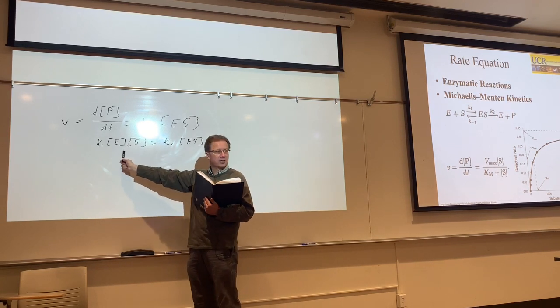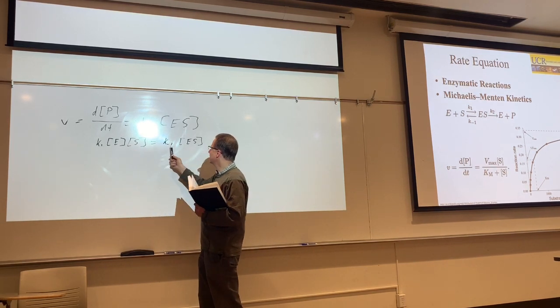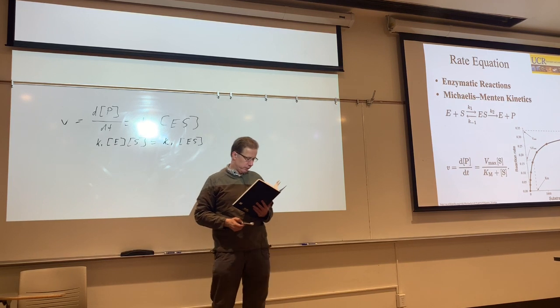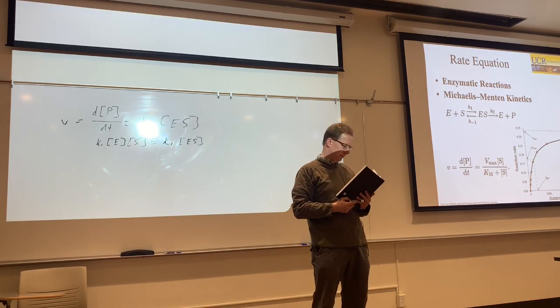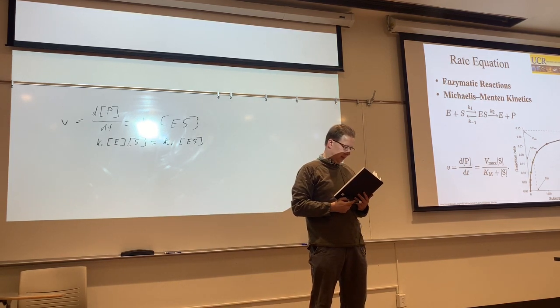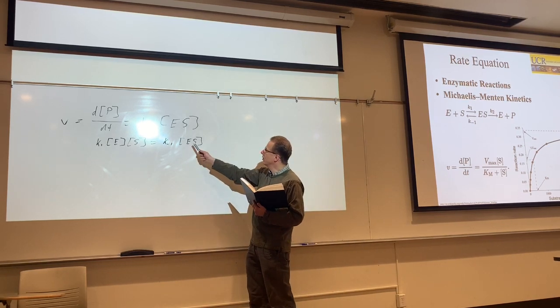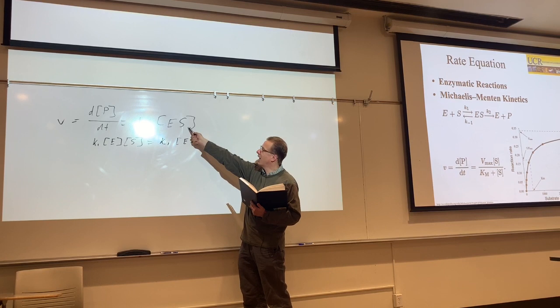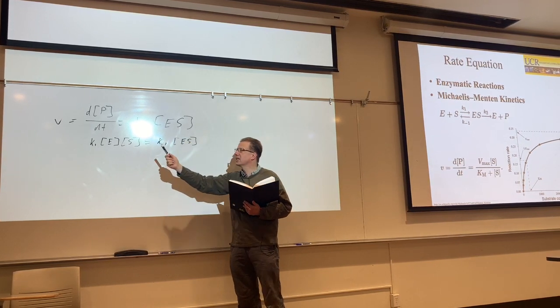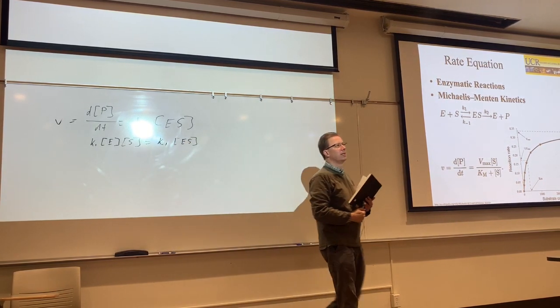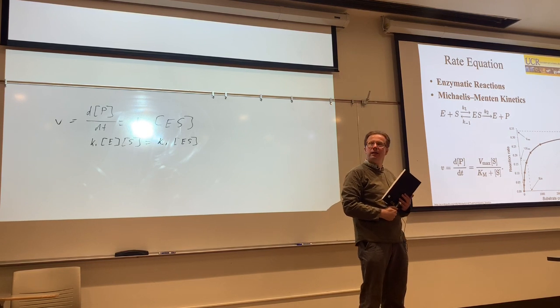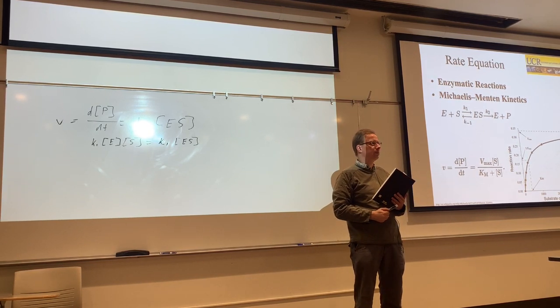So the forward rate is given by K1 times E times S. Backward is K minus 1 times ES. So now it's tempting to cancel the ES out and just plug it in over here and say, oh, I have a solution. But that is not what people do.